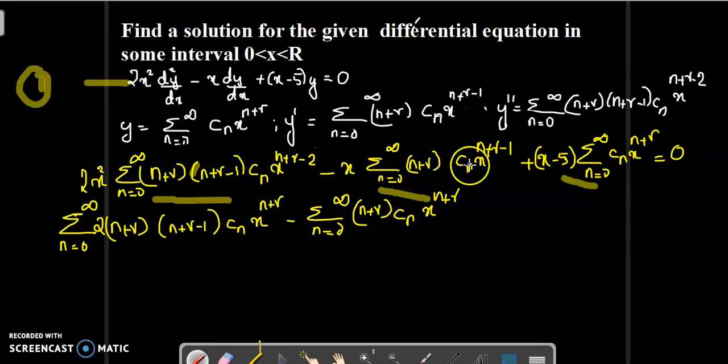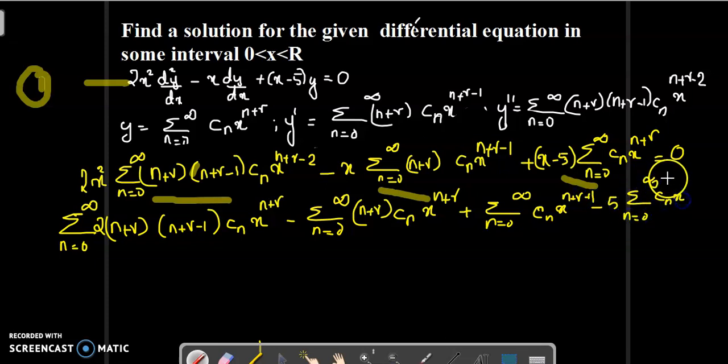The next term is x multiplied with this term, so that becomes x raised to n plus r plus 1, plus sigma n equal to 0 to infinity cn x raised to n plus r plus 1, minus 5 into sigma n equal to 0 to infinity cn x raised to n plus r, is equal to 0.